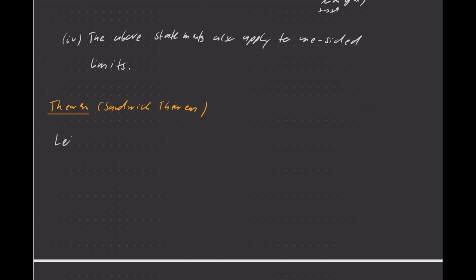So we have an interval, so let I subset of R be an interval. Let x star be in I, and let f, g and also h be functions defined on I with the possible exception of x star, and that map to R.